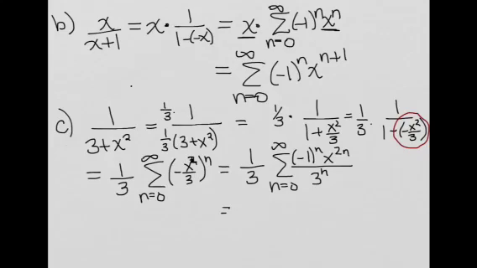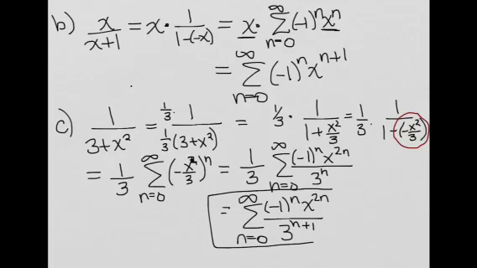So we'll take the 1/3 inside, and so we'll get the sum n equals 0 to infinity, negative 1 to the n, x to the 2n, and we have a total of 3 to the n plus 1 in the denominator. And so this is a way to write this function, 1 over 3 plus x squared, as a series, as a power series in particular.